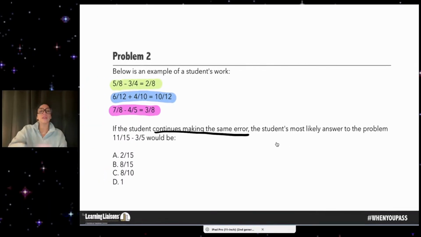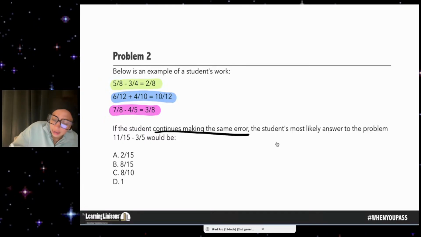I absolutely love these kinds of problems because it doesn't just force us to look for student error, but it actually forces us to anticipate what they're going to do next, which really shows a level of understanding of the content and the pedagogy. So we have to figure out what the student's error is first before we can figure out what the student even did.